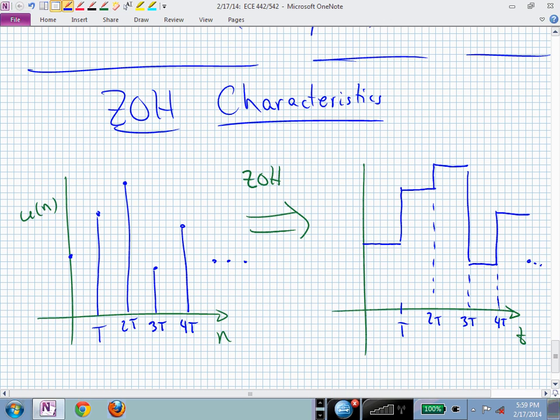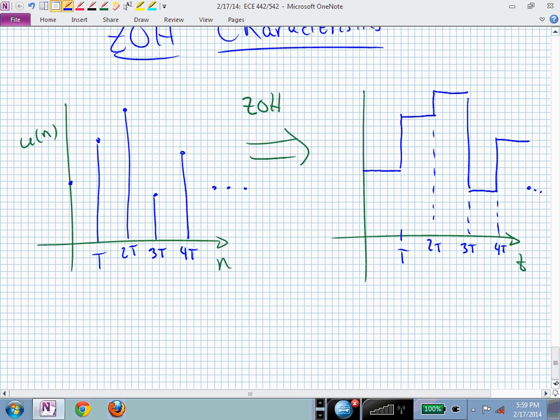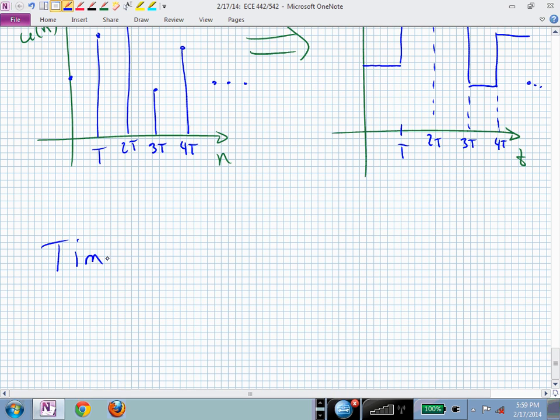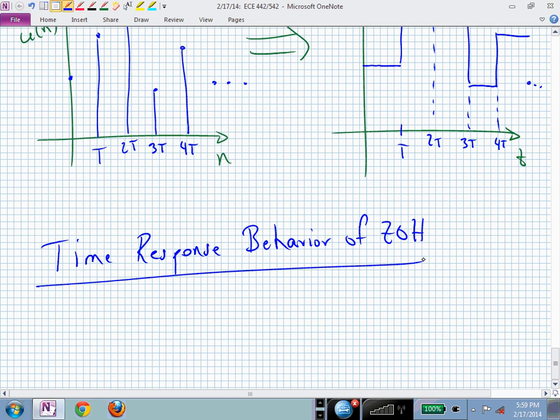But now this does introduce some dynamic behavior. What's the time response behavior associated with that zero order hold? And how have we sometimes characterized or described properties of a system?